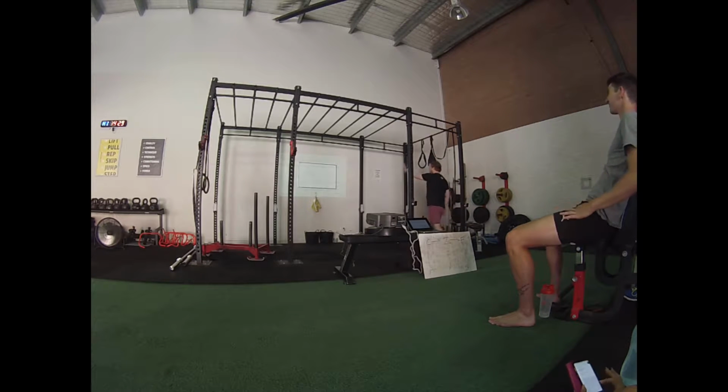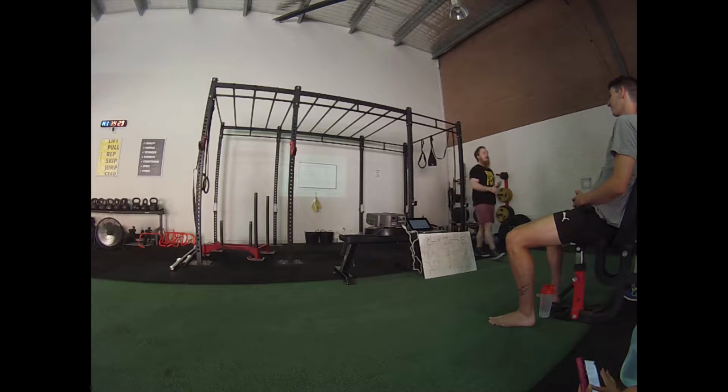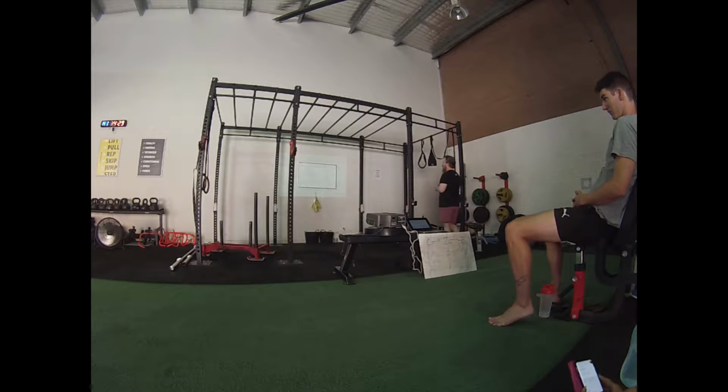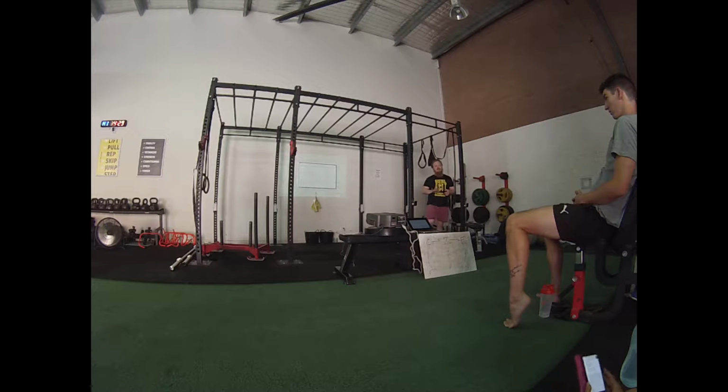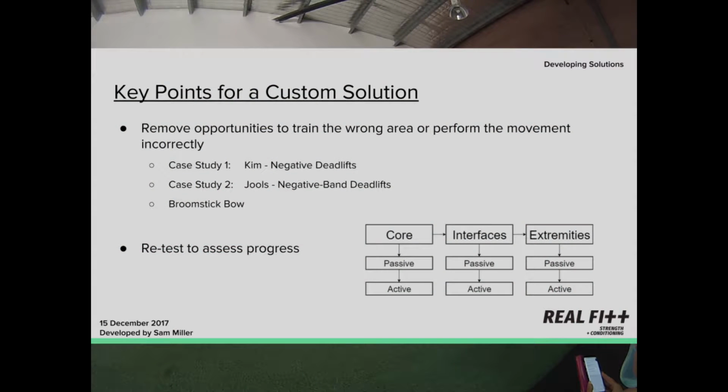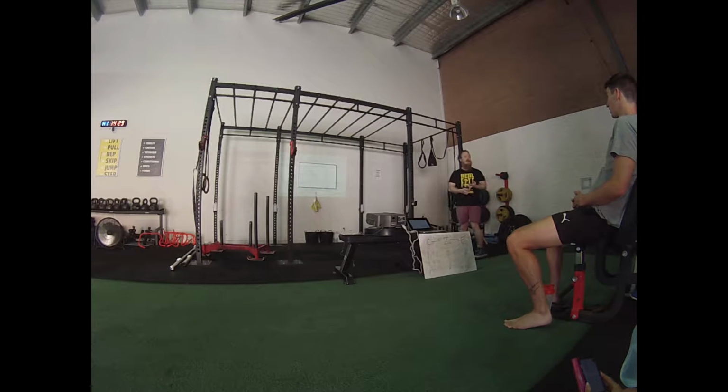Talked when we sort of started this section, we want to remove opportunities to train the wrong area or to perform the movement incorrectly. So the broomstick bow is a perfect example of both of them. Very hard to do it incorrectly because you have so much proprioceptive feedback. It's really useful if you're not PTing someone, you're giving them a program because they don't need you to watch them to know if they've messed up.